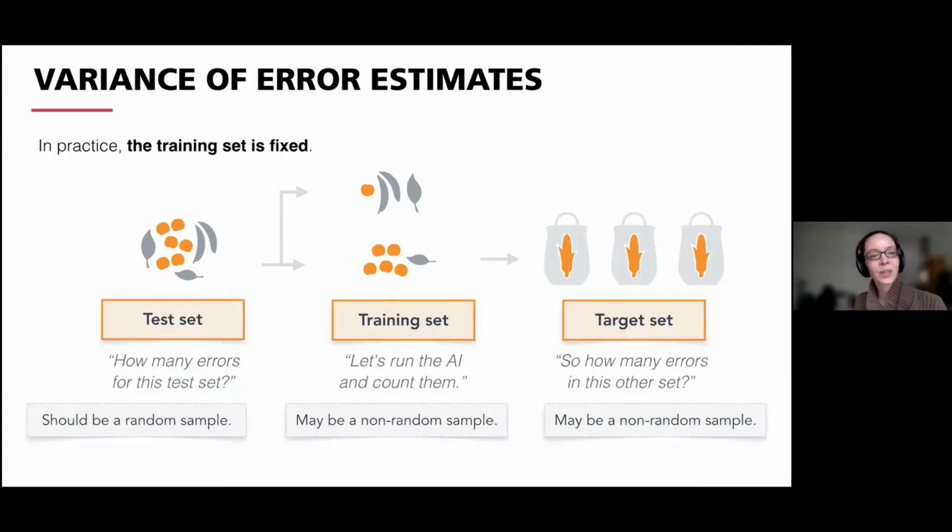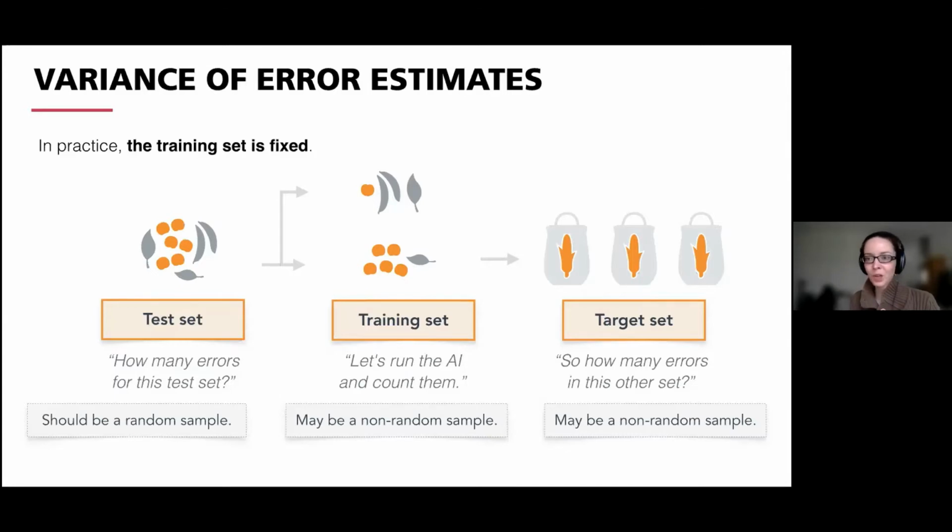And all this system is made on samples of data sets. We have a test set to measure the errors. To make the classifier, we have a training set. It's also a sample of a data set. And then we apply it in real life on real life data sets that are sometimes called the target set.